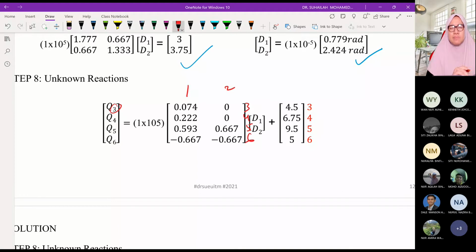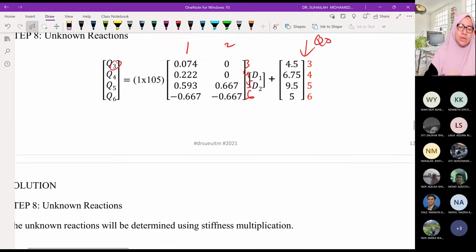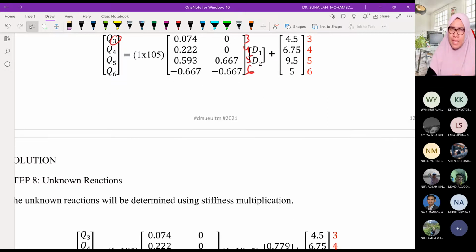This is just matrix multiplication. Matrix multiplication times D. Times D. Plus back the Q naught. Plus back the Q naught. So, we will get Q3, Q4, Q5, Q6. And this Q3, Q4, Q5, Q6 represents, look back at the position.